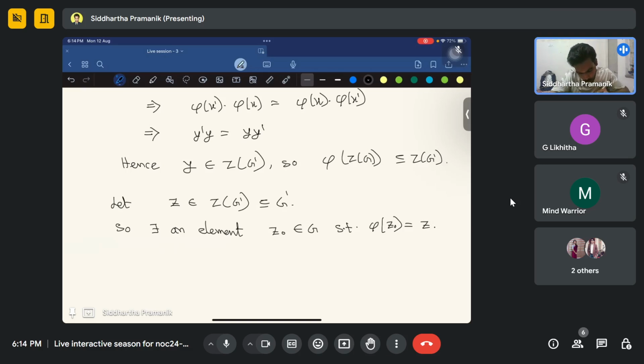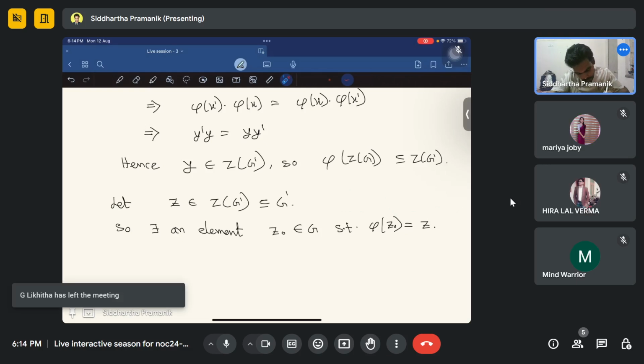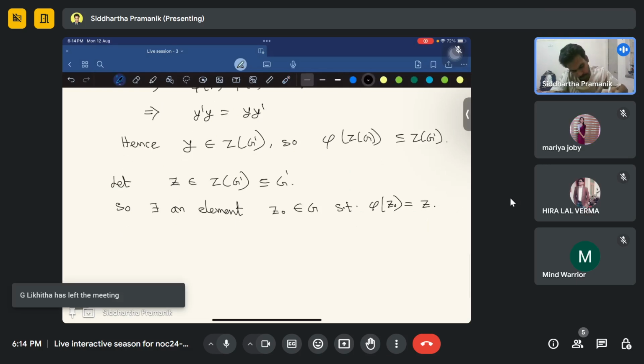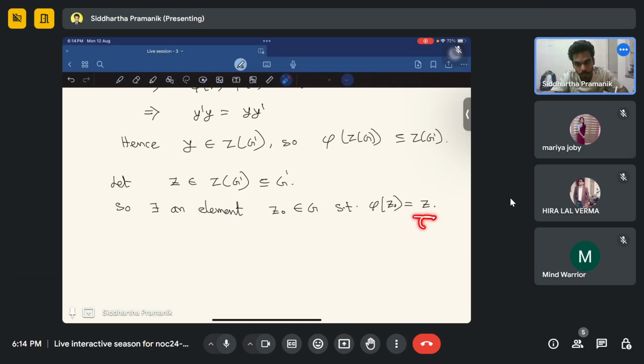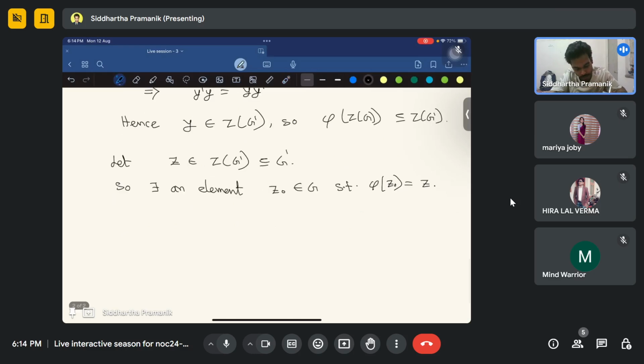So what we need to prove? We need to prove z belongs to phi of Z(G). So if we can prove that z naught belongs to Z(G), then we are done. So let's try to prove this.